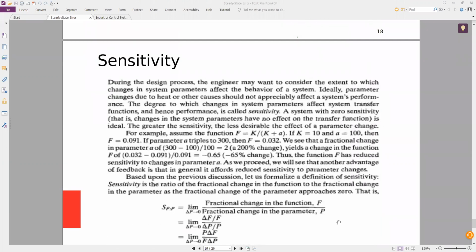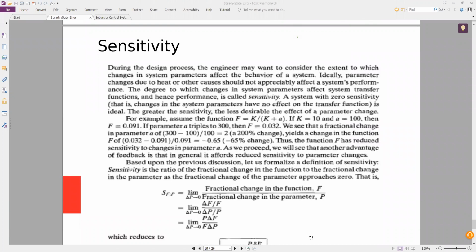Another one: sensitivity. What is sensitivity? During the design process, the engineer may want to consider the extent to which changes in system parameters affect the behavior of the system. Ideally, parameter changes due to heat or cold or other causes should not appreciably affect the system's performance.